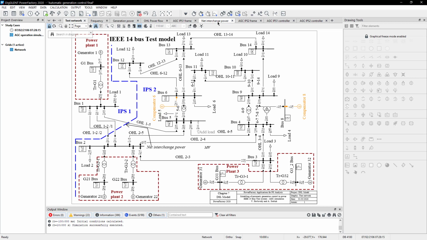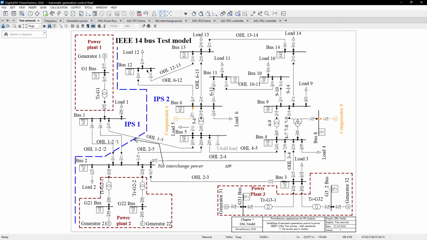Okay, but Anton and my colleague Pavlovsky created the AGC model, and they include an example, okay? They include the IEEE 14 bus test system. That is the beautiful IEEE 14 bus test system. However, as you must know, the classic IEEE 14 is basically for load flow.